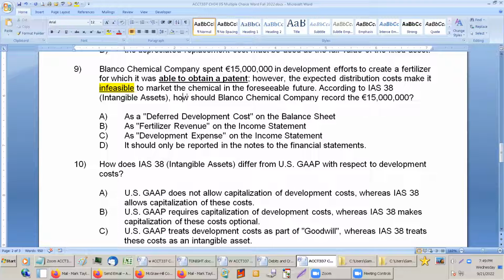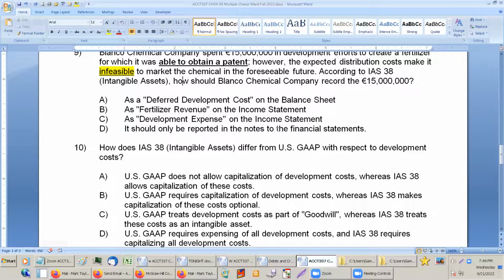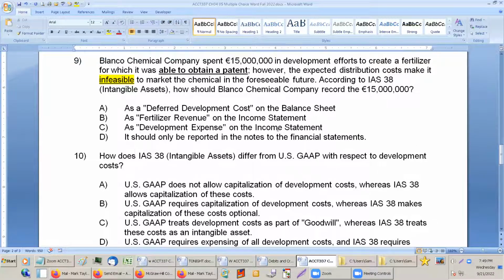So what would you do with that 15 million euros? Is it C? Now for GAAP, you would have to do C no matter what.